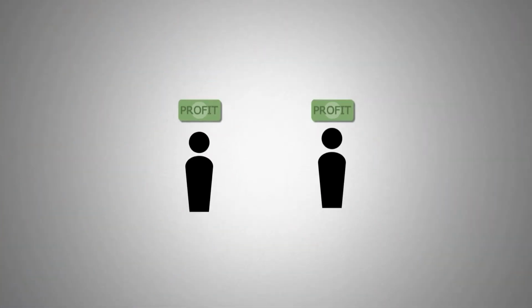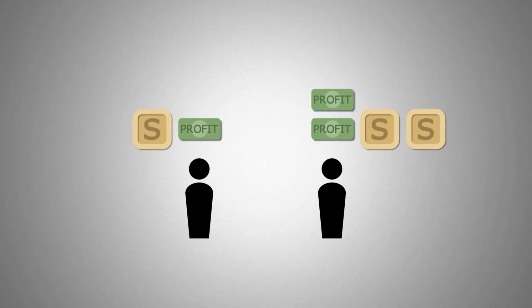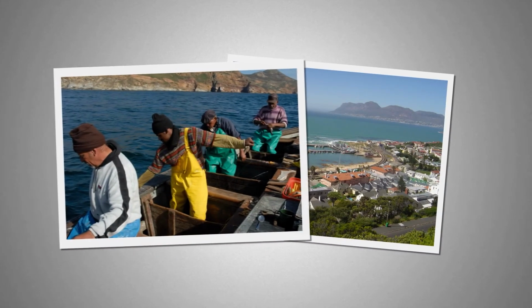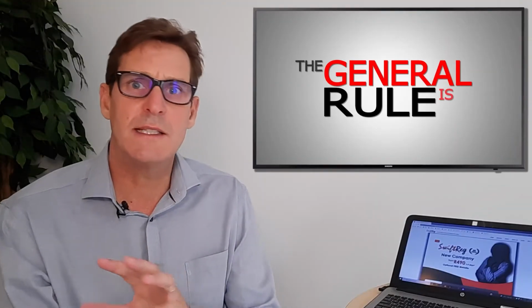It is often misunderstood that the profits of a co-op are not always equally distributed, as the profit each member receives is determined either by the number of shares they own or by the amount of business the individual members do with the co-op. The general rule is the more money you invest in a co-op, the more shares you will receive, and therefore the more profits you will be entitled to.